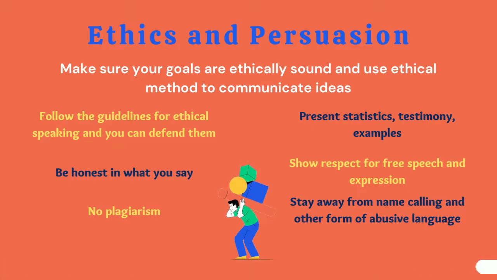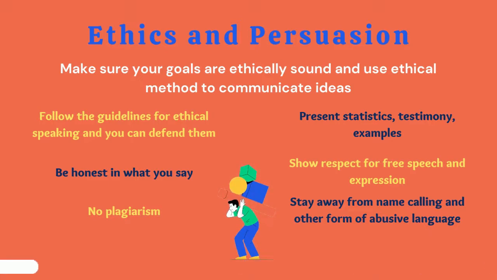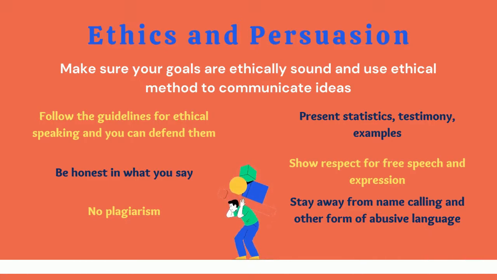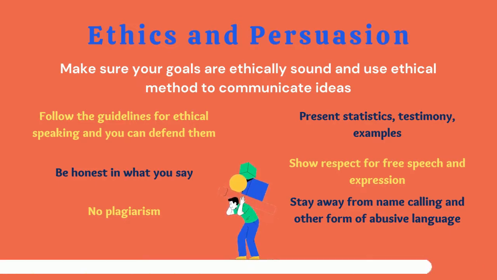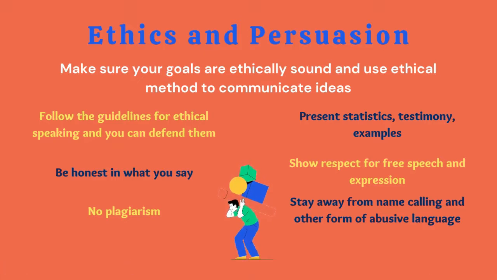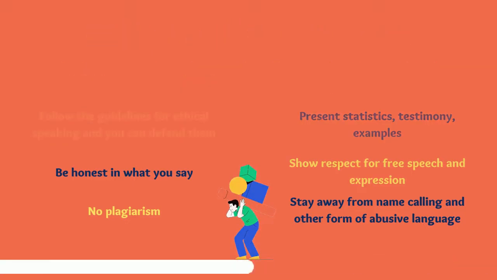Present statistics, testimony, and examples to ensure that the audience will understand and be convinced of whatever you are preaching to them. In every public speaking, you must show your respect for every speech and expression. And remember, stay away from name calling and other forms of abusive language.